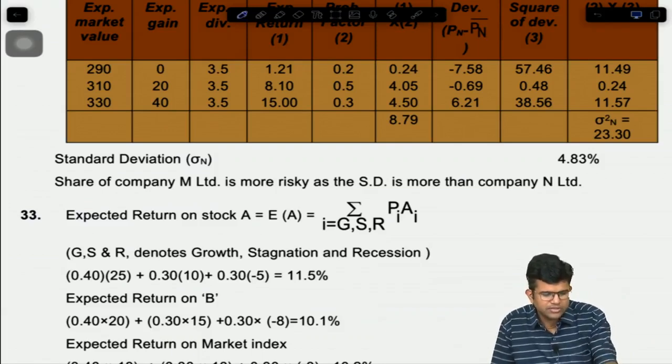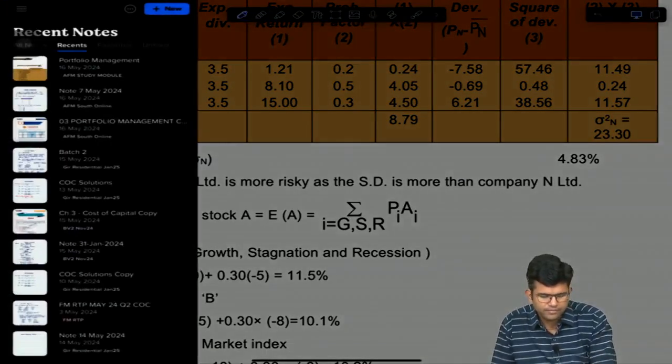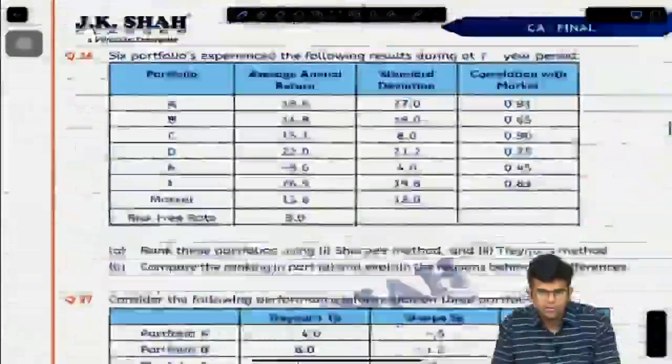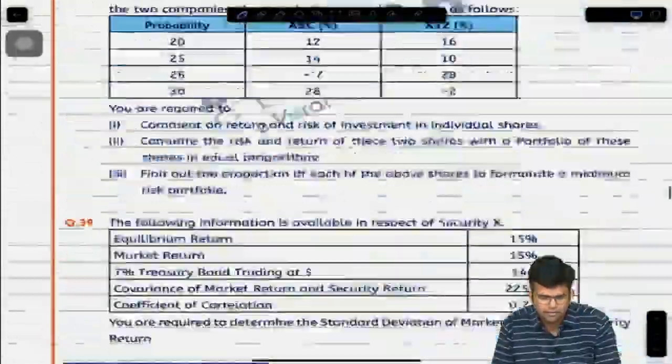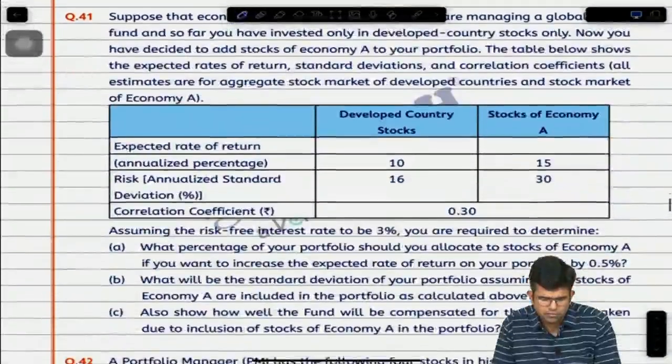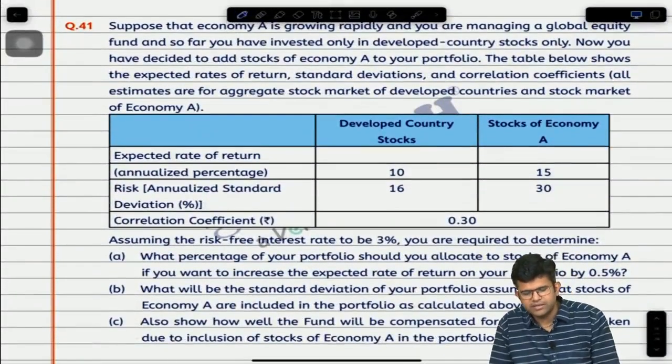Now we come to question number 41, please. Question 41. Please read the question.